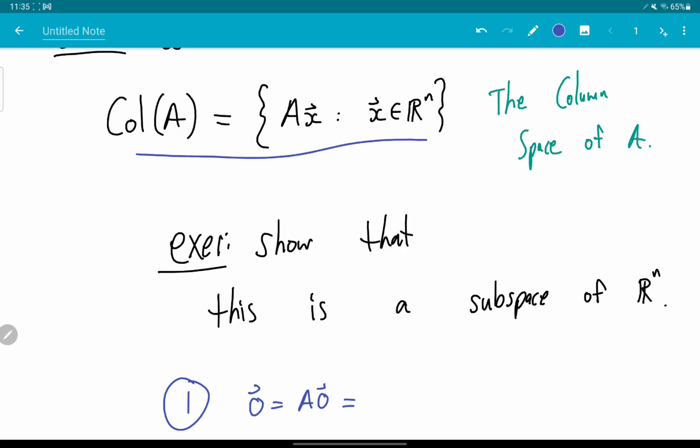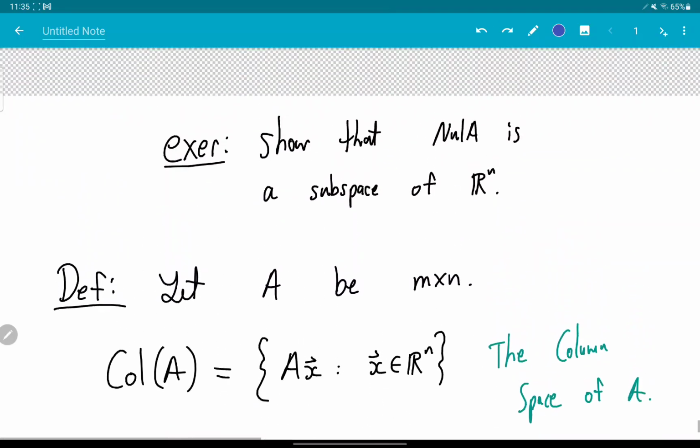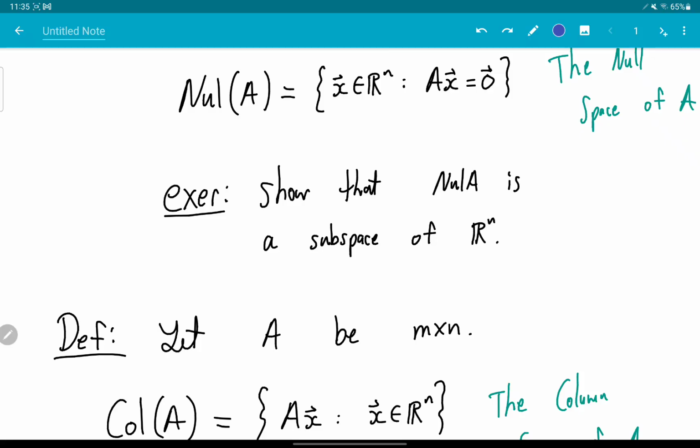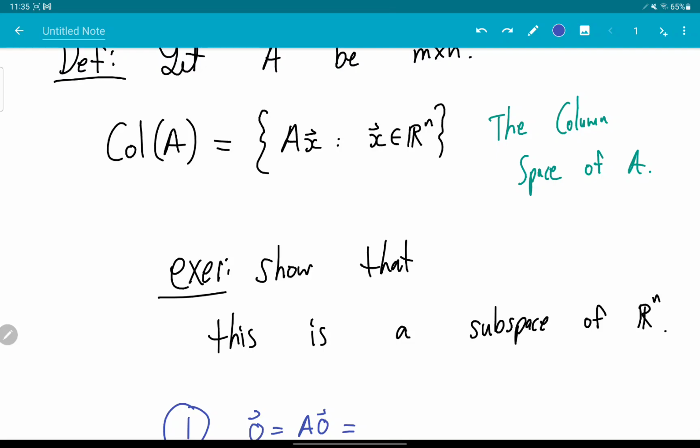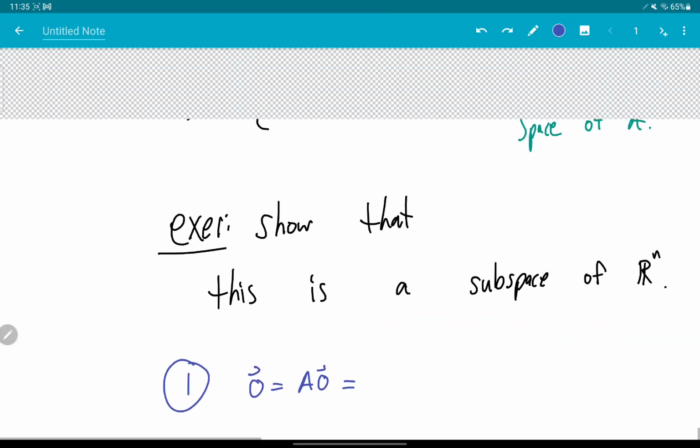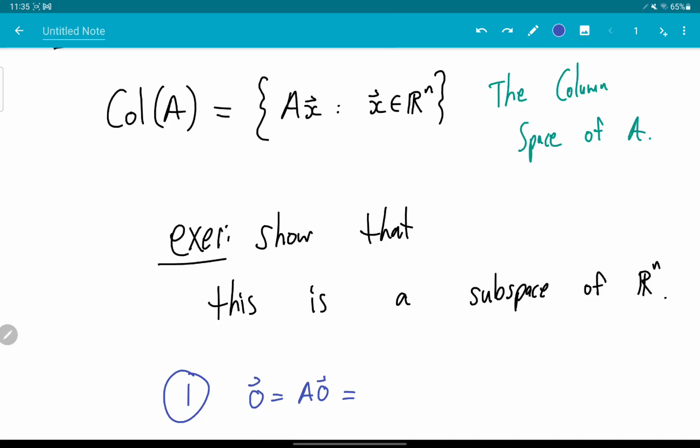So col A is a bit different, right? It's not given like null A. Null A is given as a condition that you have to satisfy. Col A is given differently. It's given as a form that the elements take. So good thing to keep in mind. So all I need to do to show that something is in col A is show that it equals A times some vector.